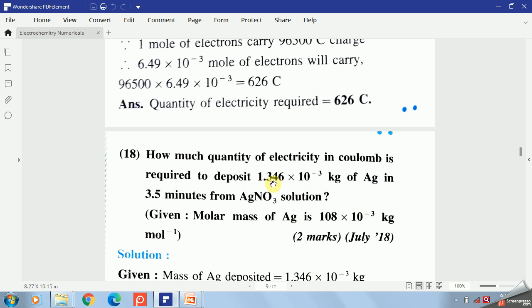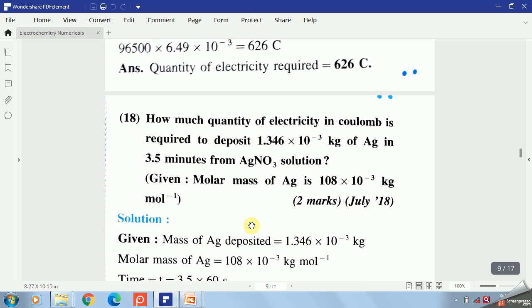So the mass of silver deposited is 1.346 into 10 raised to minus 3 kg in 3.5 minutes, which means 3.5 into 60 seconds, and the molar mass of Ag is 108 into 10 raised to minus 3 kg per mole, and you have to calculate the quantity of electricity.